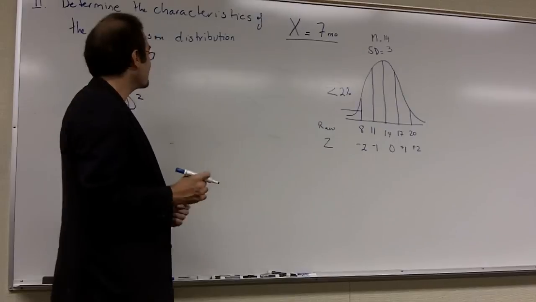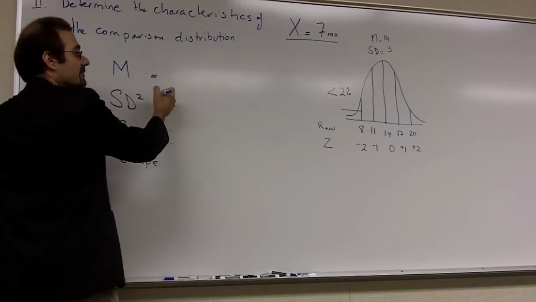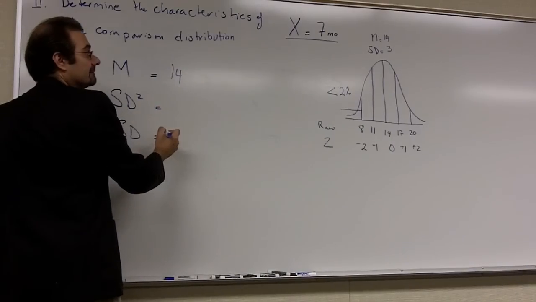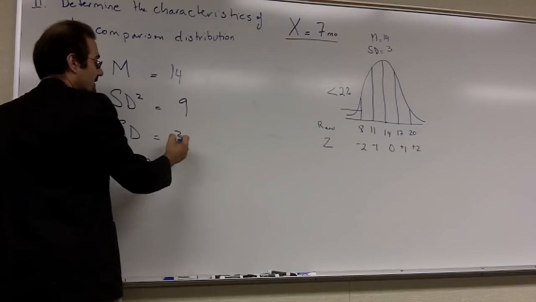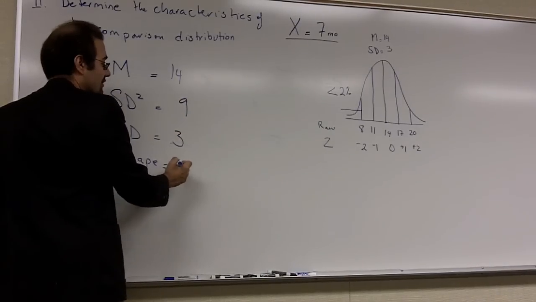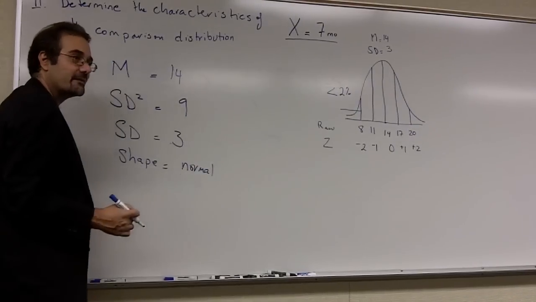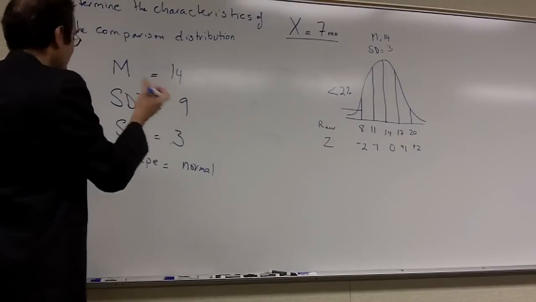So in the case of the baby, what's the mean of the comparison distribution? 14. What's the standard deviation? 3. What's the variance? 9. It's 3 squared. And what's the shape? Normal. It was given to you. So it's easy in chapter 5. In chapter 6, it becomes a little bit more difficult. So that's step number 2.